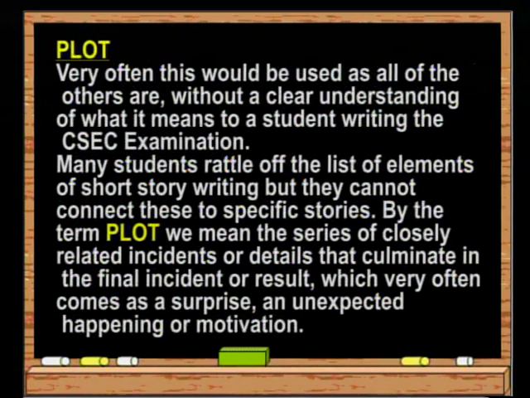By the term plot, we mean the series of closely related incidents or details that culminate in the final incident or result, which very often comes as a surprise, an unexpected happening or motivation.